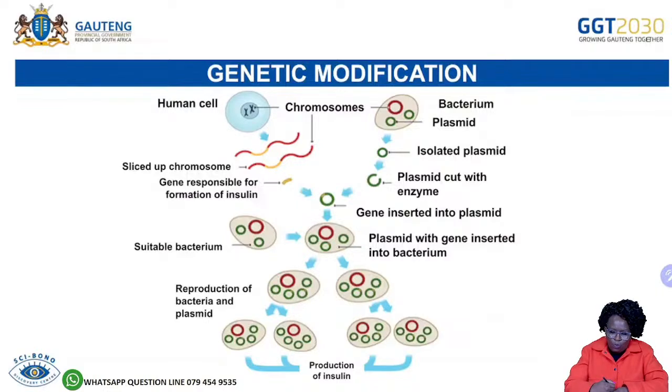I want us to speak about genetic modification in terms of the production of insulin. I spoke a little bit about the insulin story. This is now insulin, which is the hormone naturally produced by the islets of Langerhans, which are the special cells that are found in the pancreas. However, people that are diabetic need to get help.